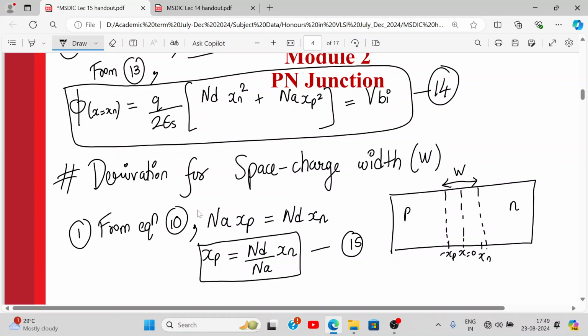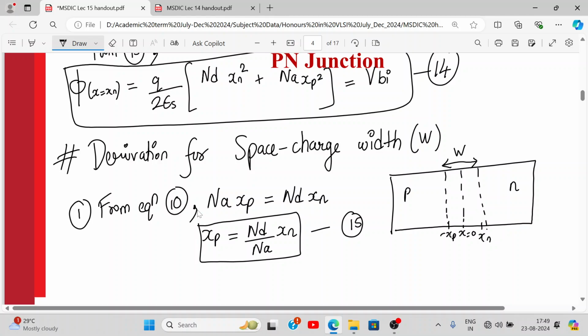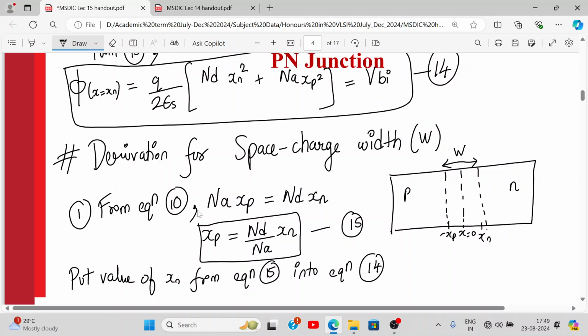Now we substitute this in the VBI expression. Put the value of Xn from equation 15 into equation 14.